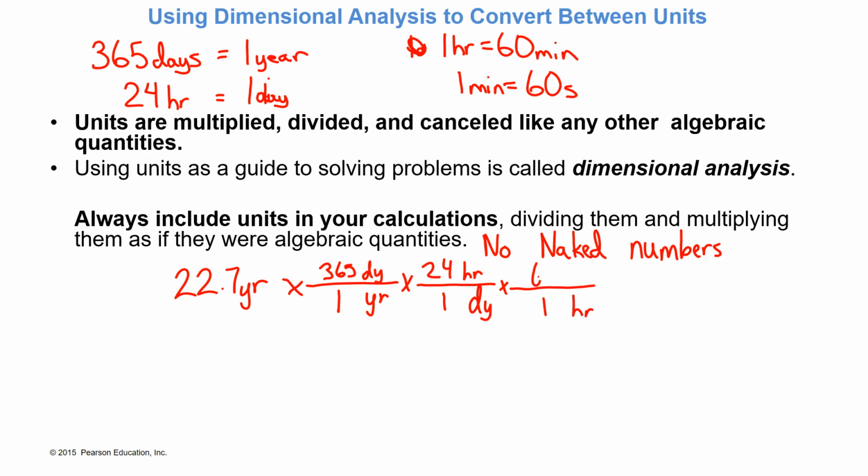For every 1 hour is 60 minutes. And then I can get rid of minutes and go to seconds. For every 1 minute is 60 seconds. So if I wanted to know how many seconds I've been teaching, I do 22.7 times 365 times 24 times 60 times 60.